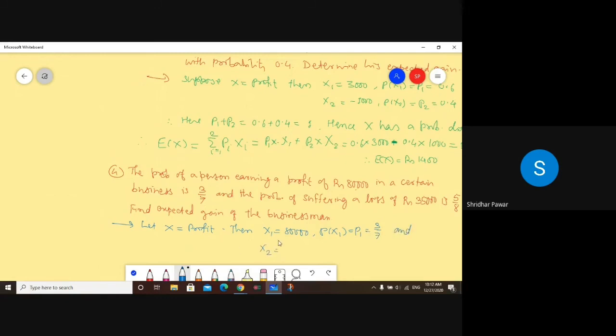And x2, पुढचं काय आहे? Suffering a loss of 35,000. म्हणजे किती प्रॉफिट झालं? How much is the profit? It is loss, so it is negative profit. So minus 35,000. आणि तो होण्याचं probability, that is P2, is 5/8.